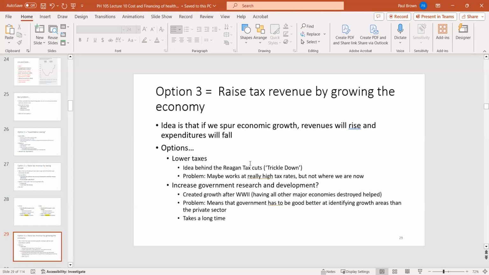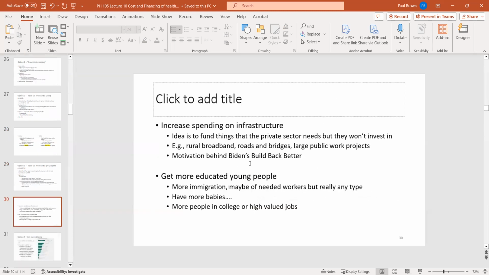But it's also why there's Biden's infrastructure bill that they put through last year. The whole idea behind the infrastructure bill is that you invest now to make better roads and bridges and internet and all these different things, with the thought that you'll create more prosperity in the future. It's the same thing with young people: you get more educated young people, and that raises your GDP.